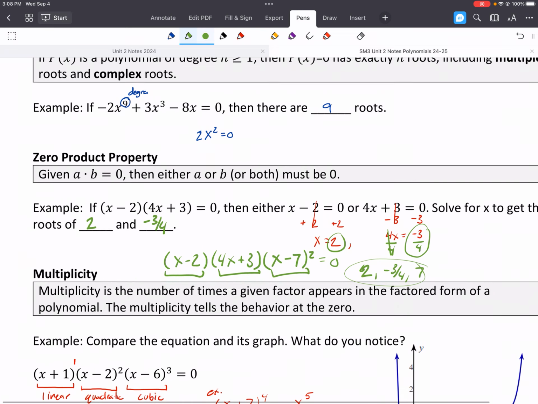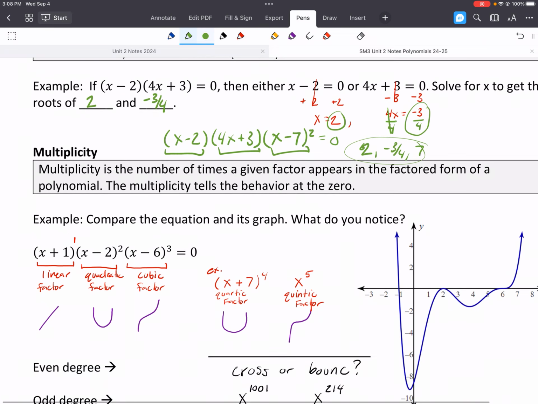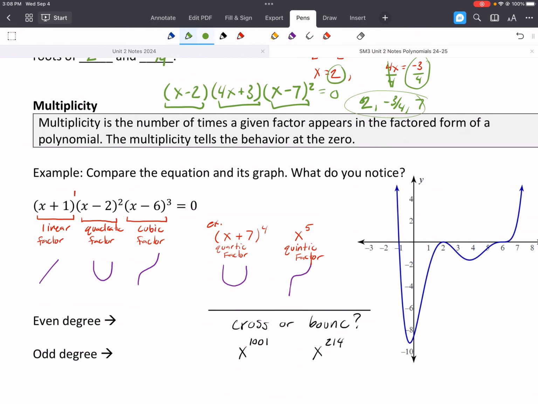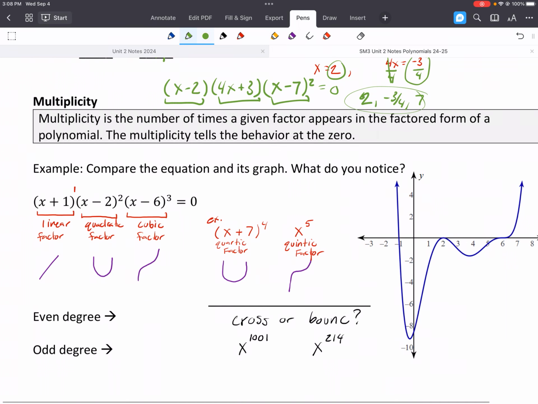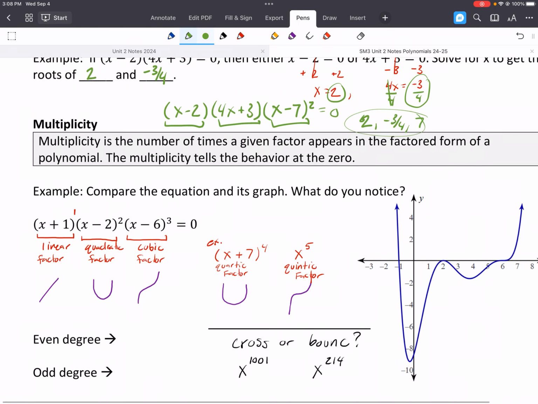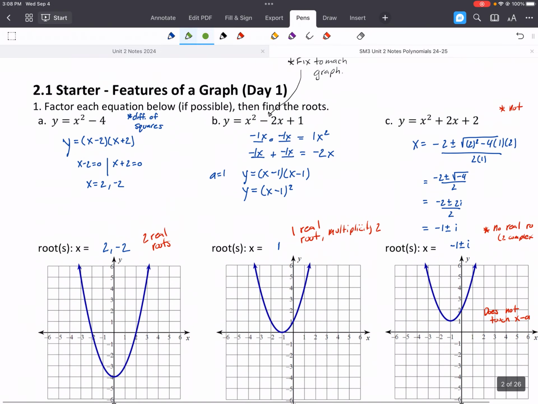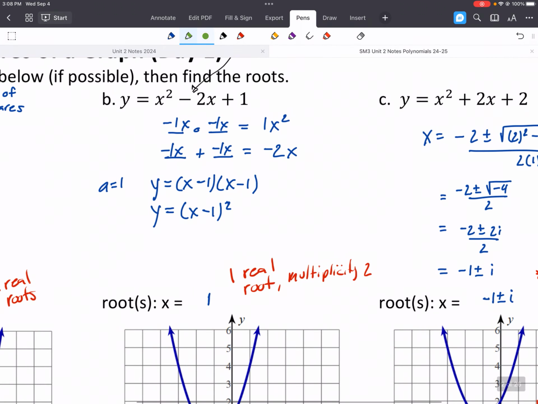Okay? All right, next off, I know this is a lot of things, so you might need to go back to this as we go to the problems, but let's talk about multiplicity. So multiplicity, if we kind of go back, and we didn't really go into this a whole lot, when we have this example, when we factor, we end up getting two solutions that are the same.